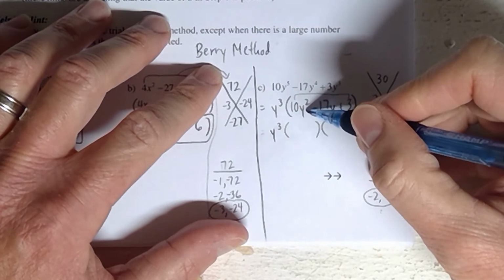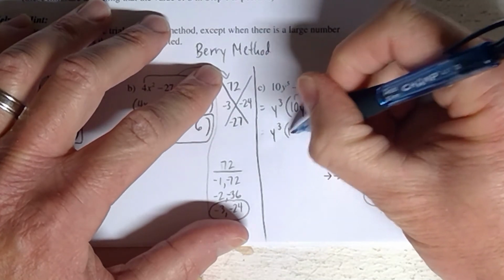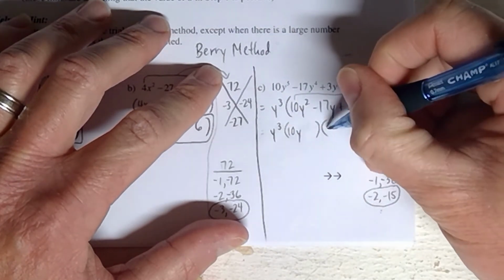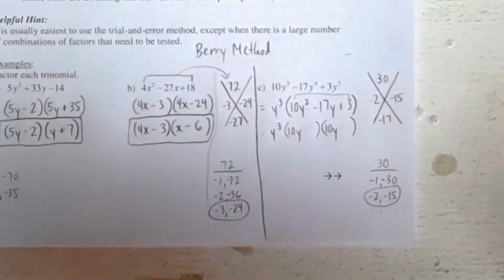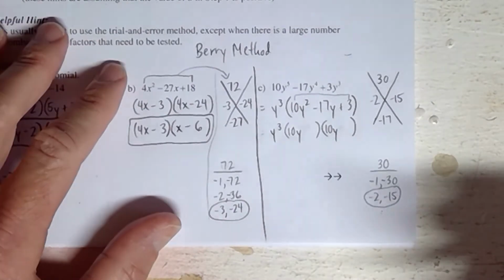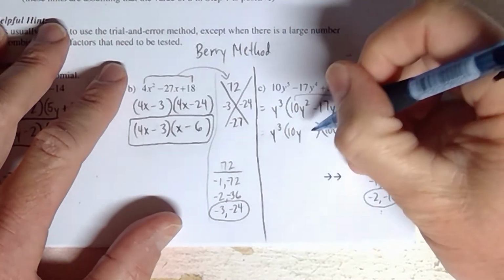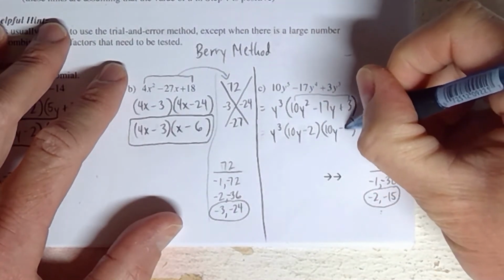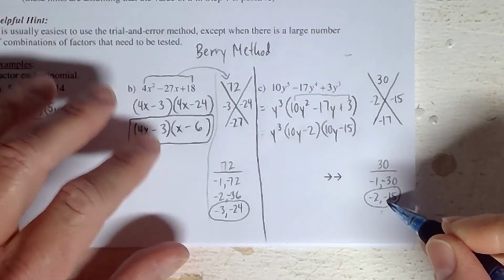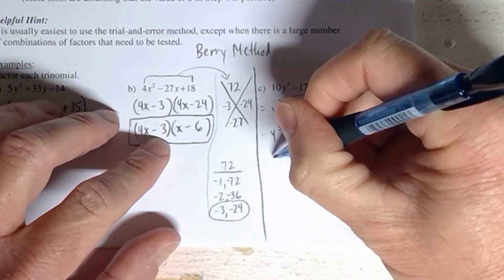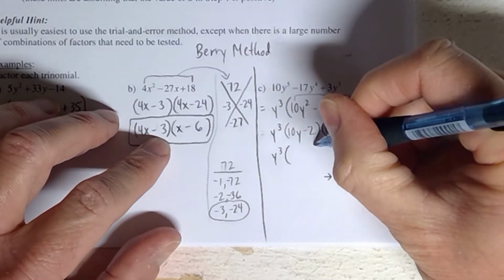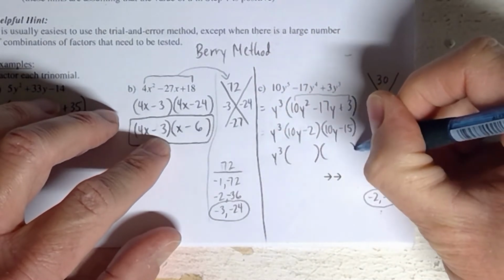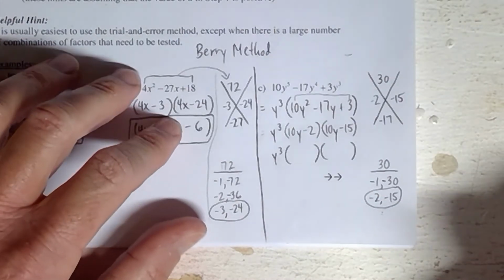But since this is 10y squared, you guys, just like in the last couple problems, if it's 10y squared, then we do 10y, 10y. Okay, now, we then put in minus 2 and minus 15 because those are the two numbers that we found. And then the last step of the Berry method is to what? It is to factor out the GCF out of each bracket, but then discard those GCFs, get rid of them.